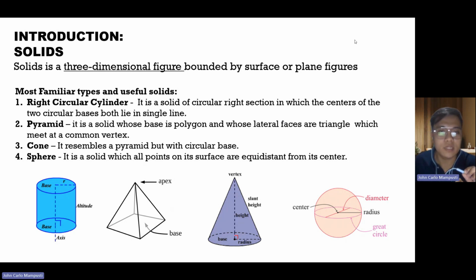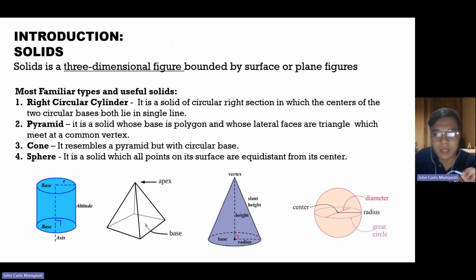The next one we have is the pyramid. This is a solid whose base is a polygon and whose lateral faces are triangles which meet at a common vertex. So this is your vertex. The example natin dito sa figure below is a square, pero it doesn't mean naman na lahat ng pyramid is a square.